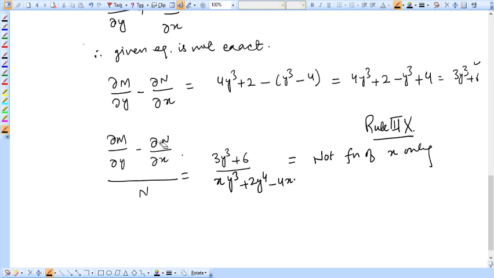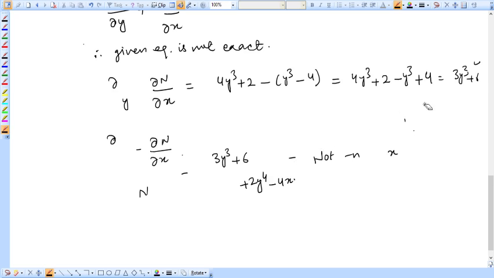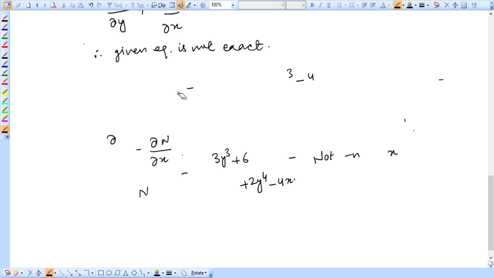In order to check whether rule number 4 is applicable here, let me erase this because it is not applicable. So let us try to look at rule number 4.